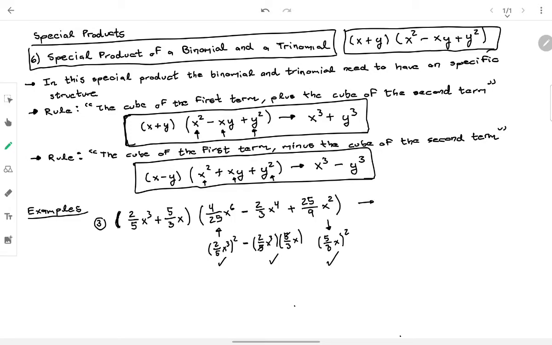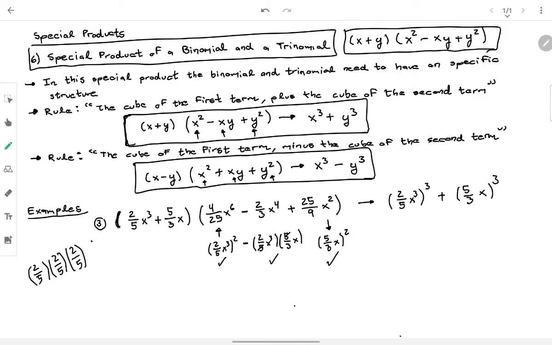So our final answer is going to be 2/5 of x cubed plus 5 thirds of x cubed. So in this case, the final answer is going to be 2/5 multiplied by 2/5 multiplied by 2/5.